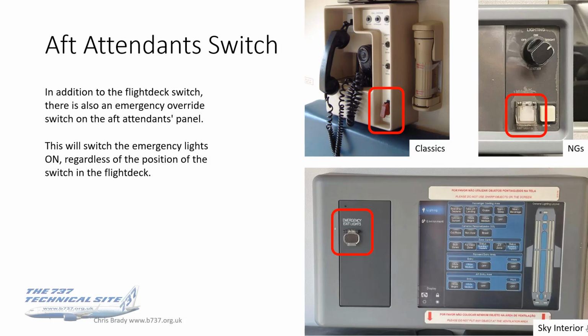I say this is only on the aft attendant panel, not the forward attendant panel, because I guess the assumption is that they will be in contact with the flight deck, or could be in easy contact. But at the aft station, the cabin crew can put the emergency exit lights on themselves, and that will override your switch in the flight deck.